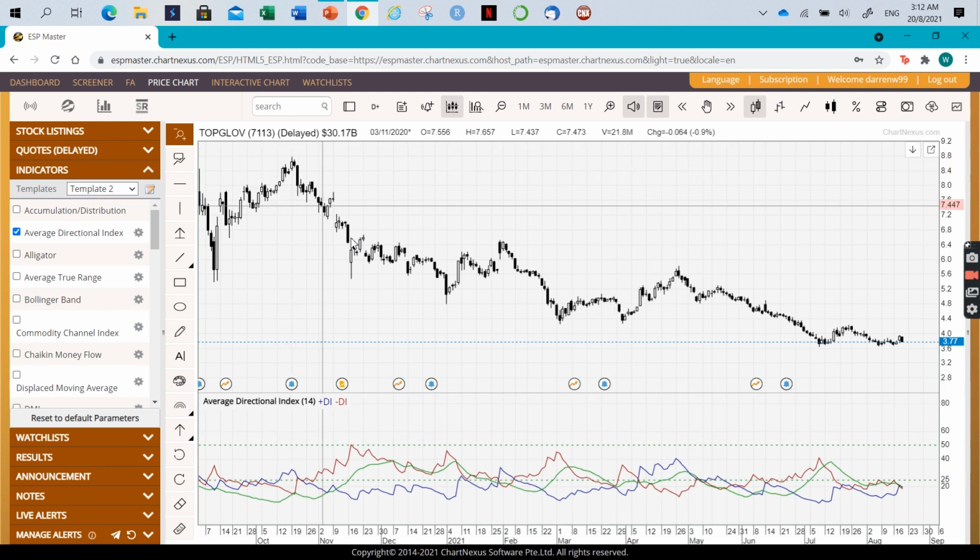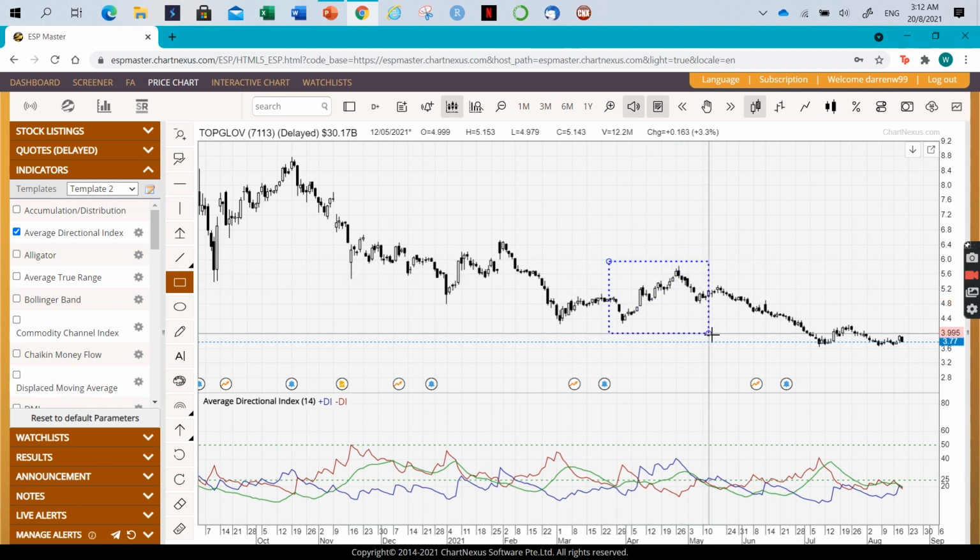So this tells you what? It is on a downtrend, especially in this direction. When it was going down and down and down, the red line stays above the blue line. Whereas if it starts to go up, make a lower high, then the blue line will go above the red line for a short while, because during this moment there were signs of a potential reversal.